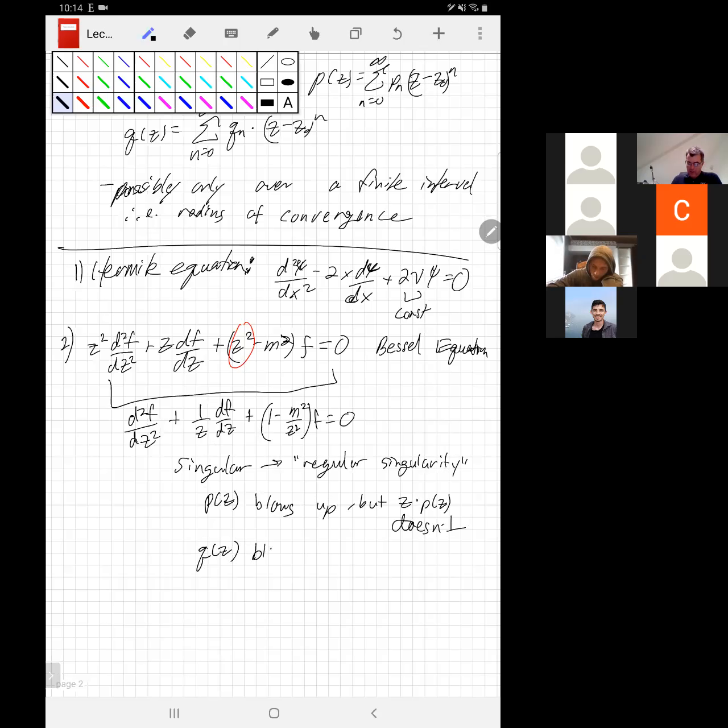Q of z blows up, but z squared times Q of z doesn't. And that's important. It turns out mathematicians have proved that even if P and Q blow up, if z times P and z squared times Q don't blow up, then we can still work with it.